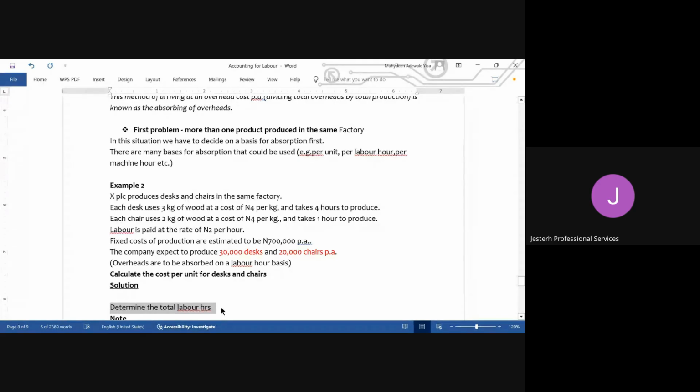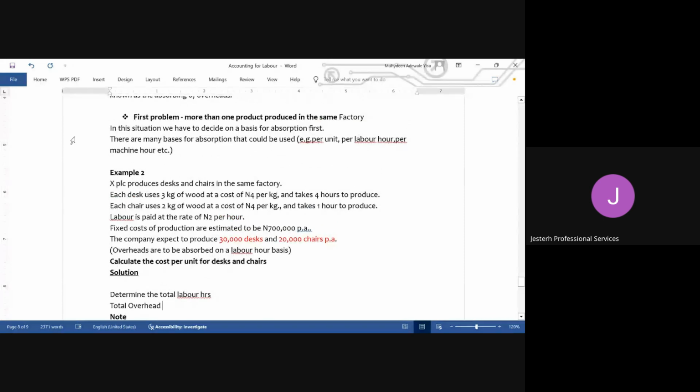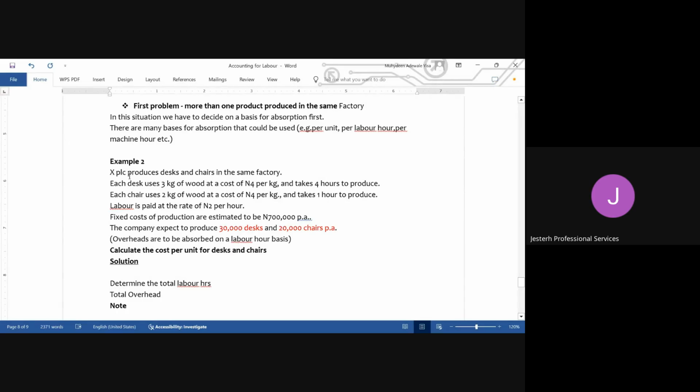Now we want to determine our total labor hour. Remember, our total overhead still stands at 700,000. Let me also create a table to ease this.